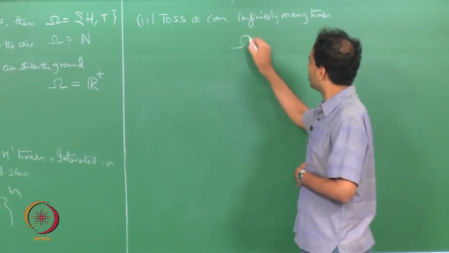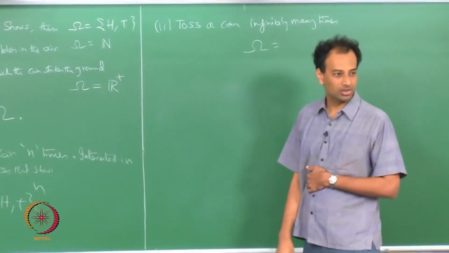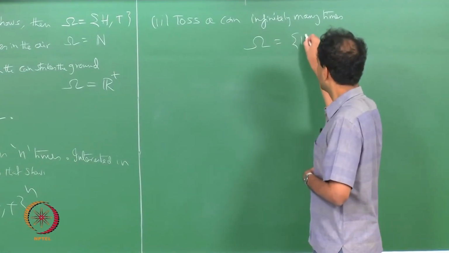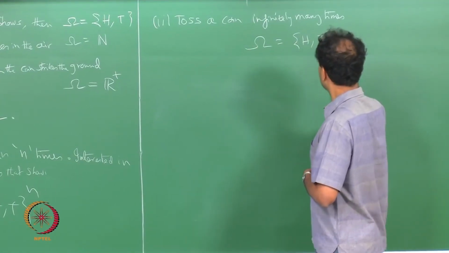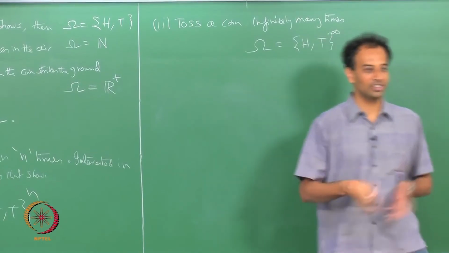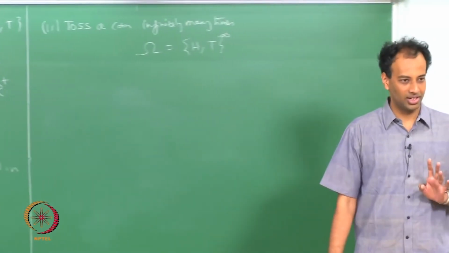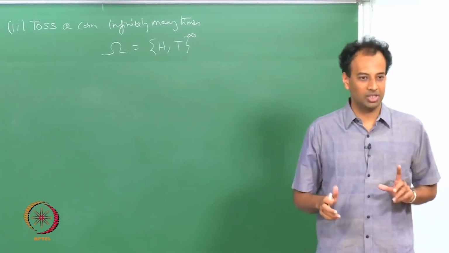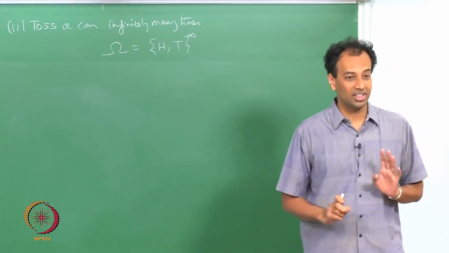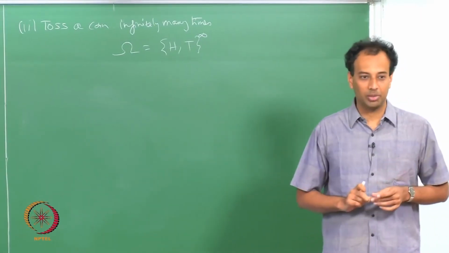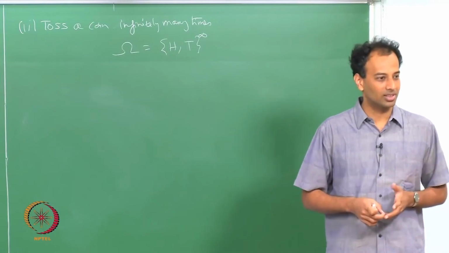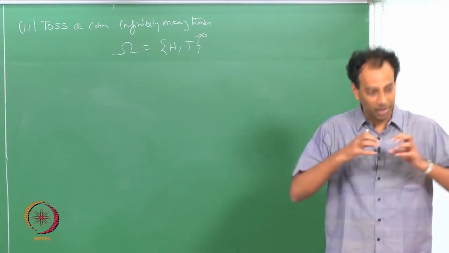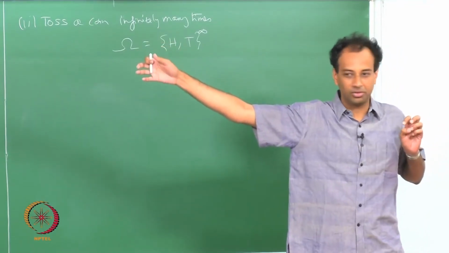So, your omega, the set of all possible outcomes, is what? The set of all possible strings of heads and tails, infinite strings of heads and tails, right. So, I want to emphasize here that one trial of the random experiment is not tossing a coin once, right. One trial is a particular infinite string of heads and tails.